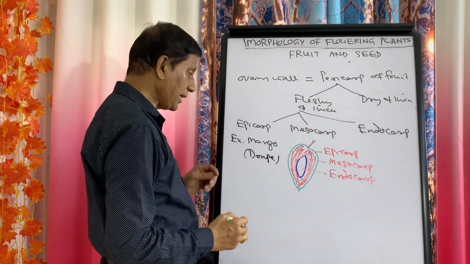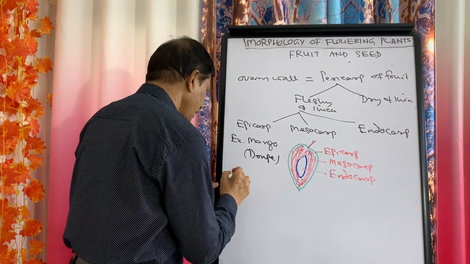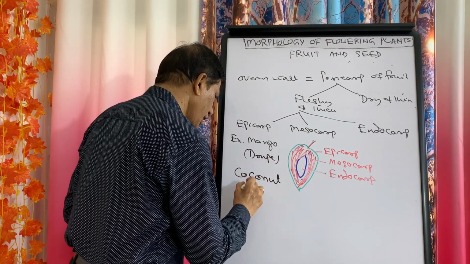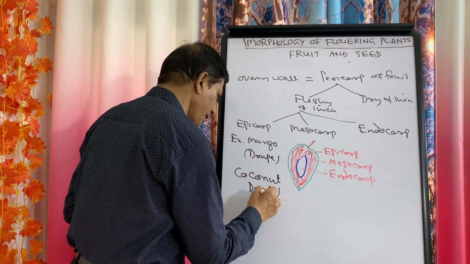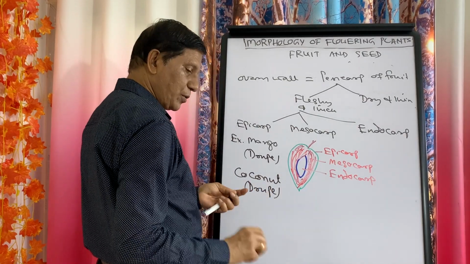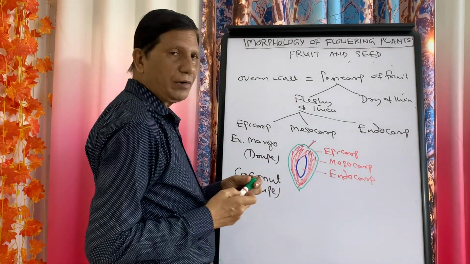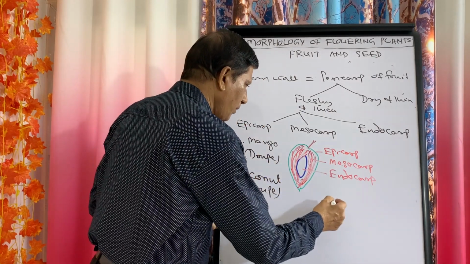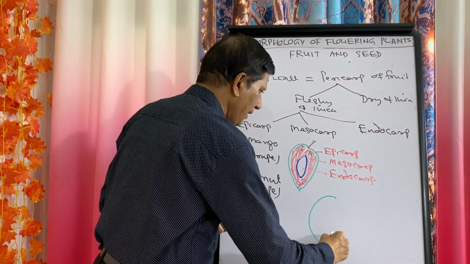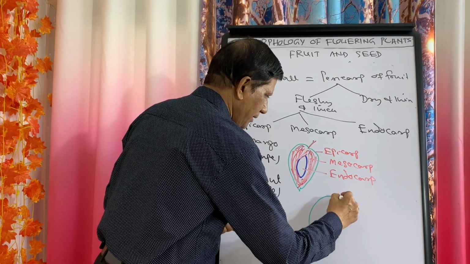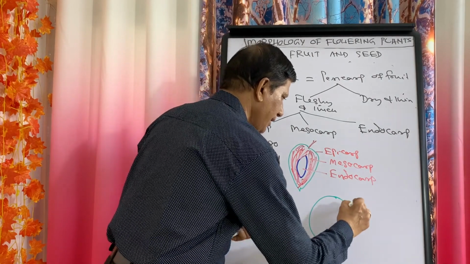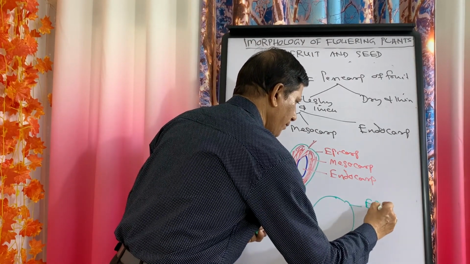Now, the second example is the coconut. Coconut is also a drupe. In the case of a green coconut, the outer green layer is known as epicarp.